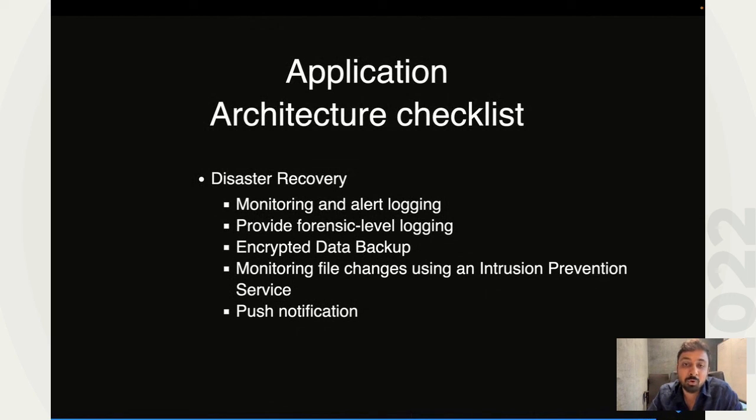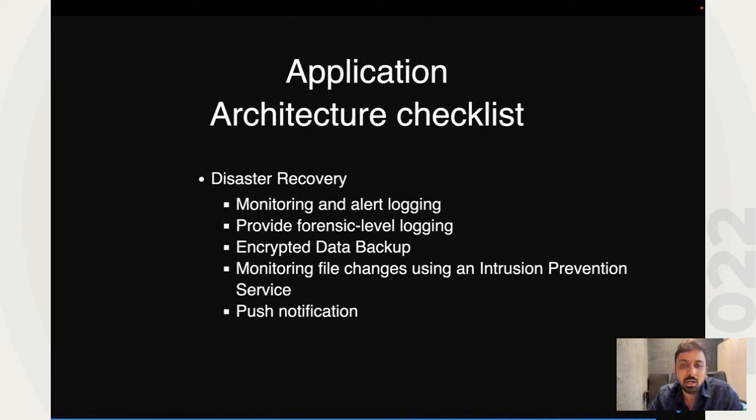We should also provide forensic level logging. This means that we should be capturing the IP address of the incoming request. We should be capturing the request headers, response headers. We should be capturing the byte data payload size which is getting transmitted. So every minute thing we should be capturing in our logs.